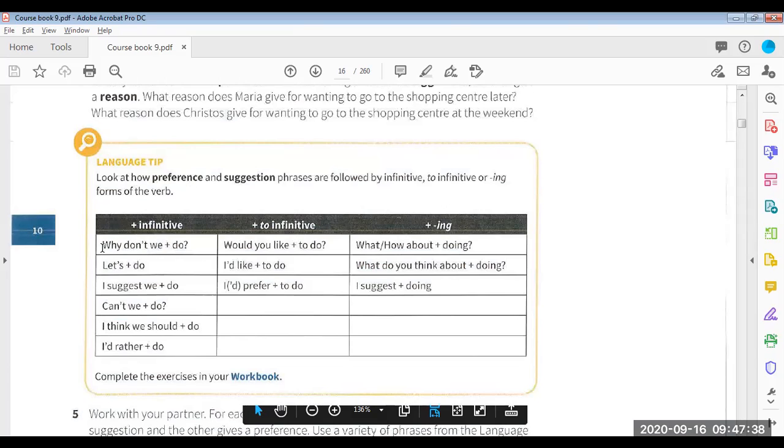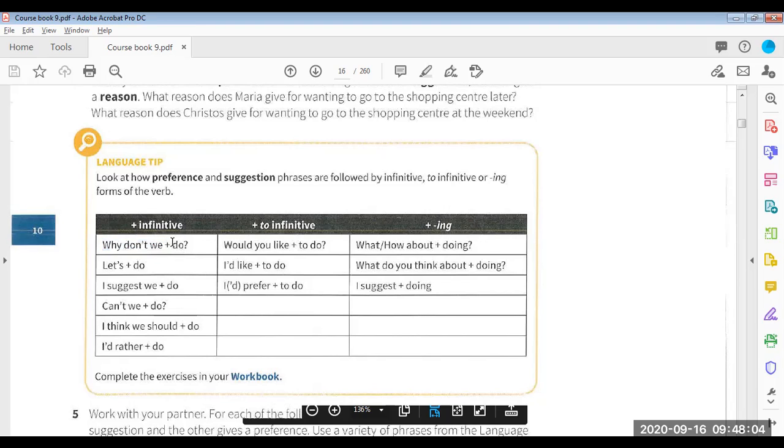This is called a preference phrase, like don't, why don't we, let's, I suggest we, can't we, I think we should, I would rather. These are the phrases that we use to prefer or to suggest. And after that we use the infinitive. Infinitive means the base form of the verb.